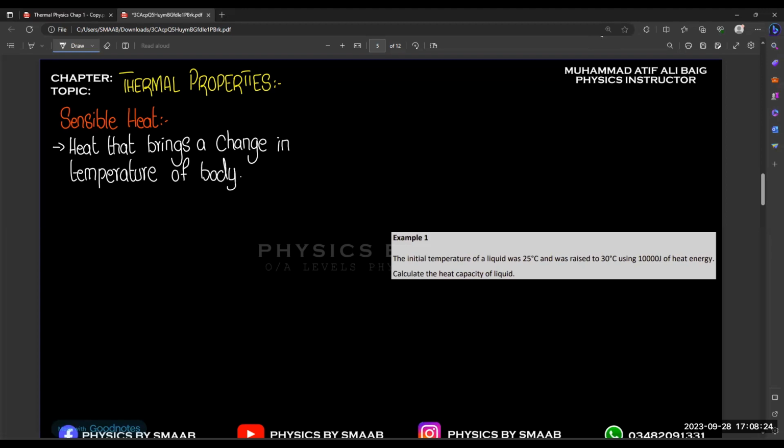Sensible heat is the normal type of heat we talk about in our daily life. We just provide thermal energy and the temperature of the body increases. That simple concept is known as sensible heat.